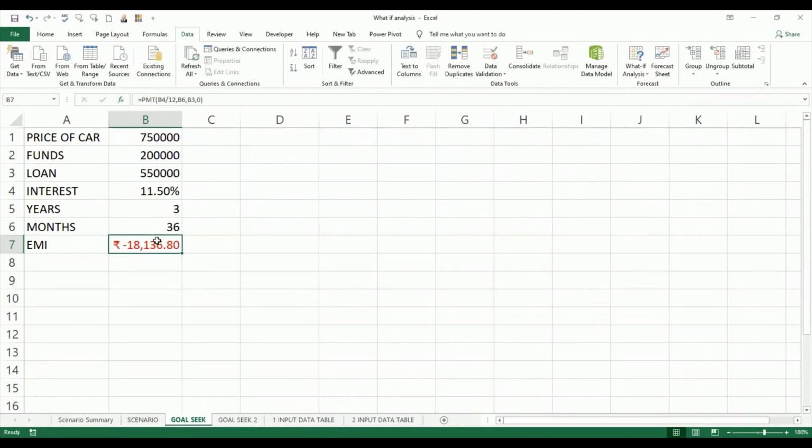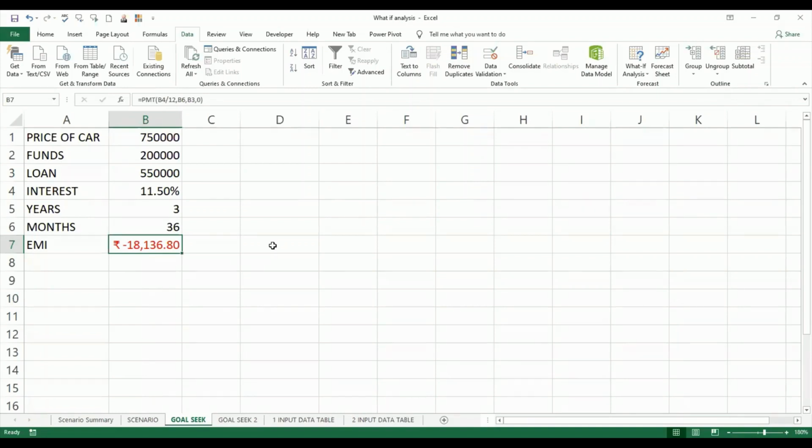Now, this example is interesting because here I want to understand my capacity. Tomorrow, suppose you say, yes, I can pay an EMI of only 17,000 rupees. Or let's say I can pay an EMI of only 15,000 rupees a month. I cannot pay 18,136. I can pay only 15,000 rupees a month. So how do I get that valuation?